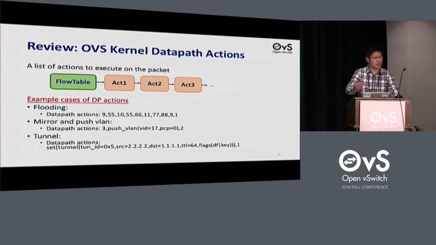We need to provide the metadata, for example, the VLAN ID, and then you output to that port. If you want to do tunneling, then our user space will provide the metadata information for the tunnel, for example, what's the tunnel ID and what's the remote IP address. The data path action will execute this set tunnel and then output to a tunnel device.